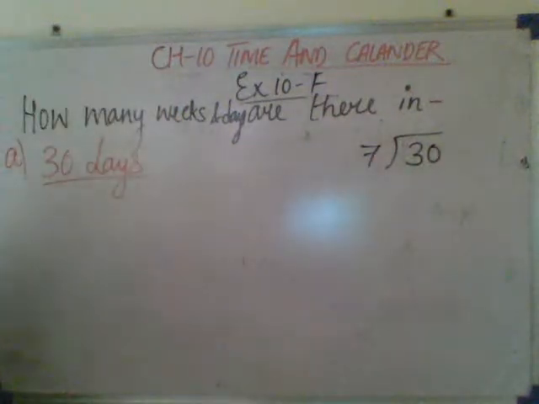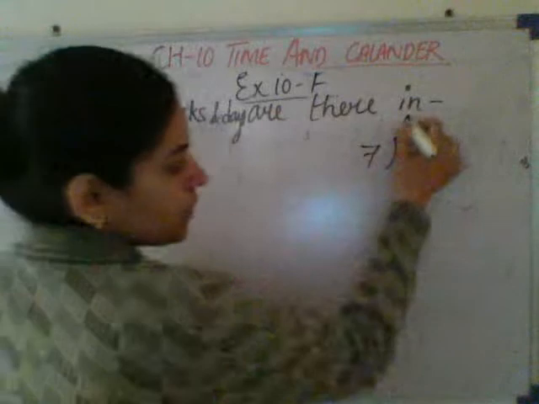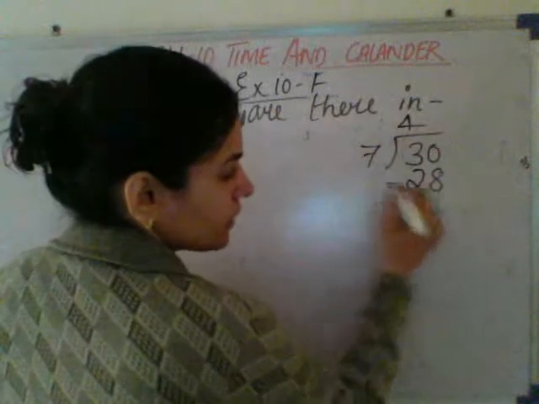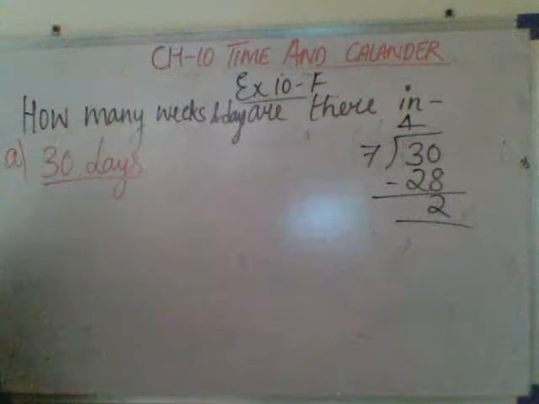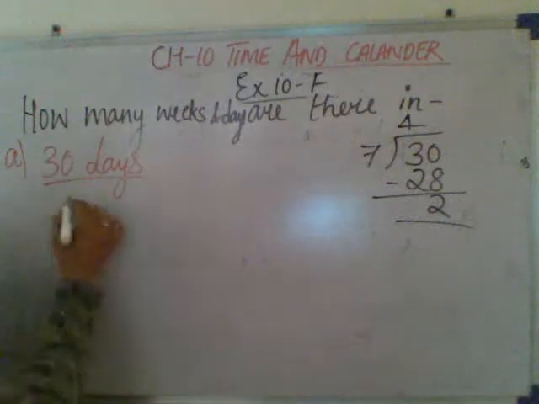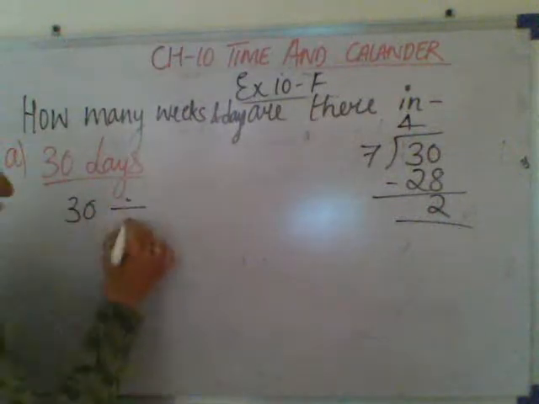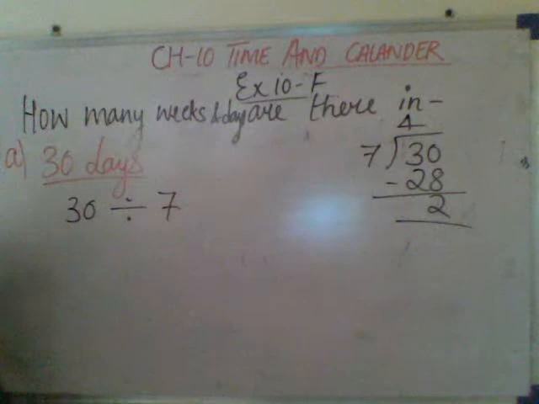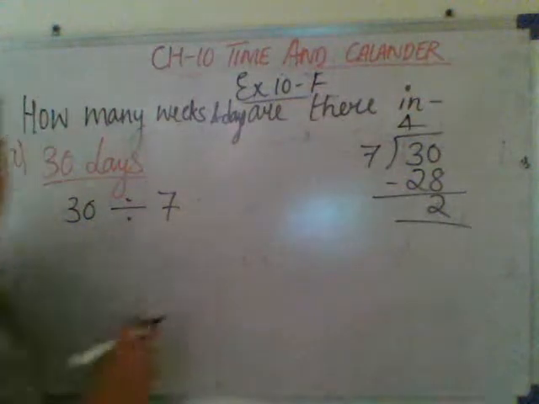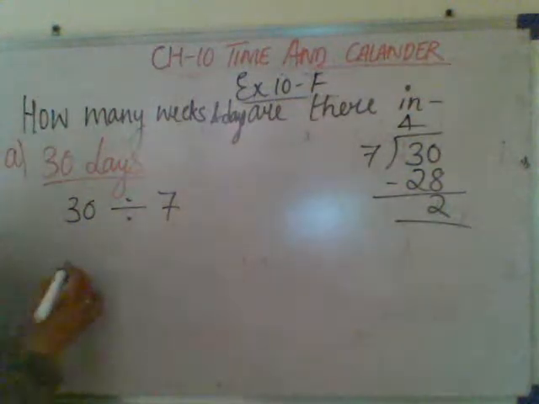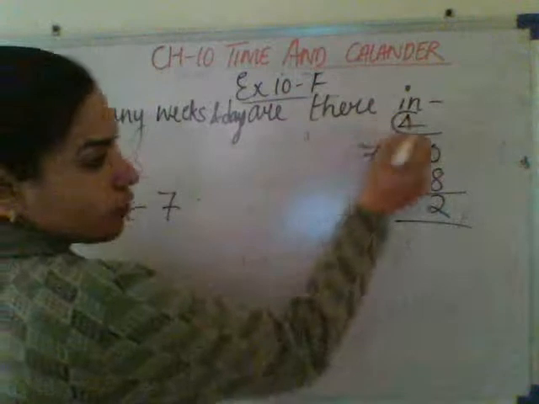So 7 4s are 28. If I subtract it, I get 2 as the remainder. So what I have done here, 30 divided by 7. If I divide 30 by 7, here I am getting 4. So 4, it is our quotient.